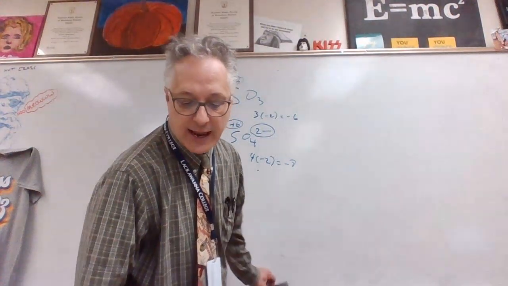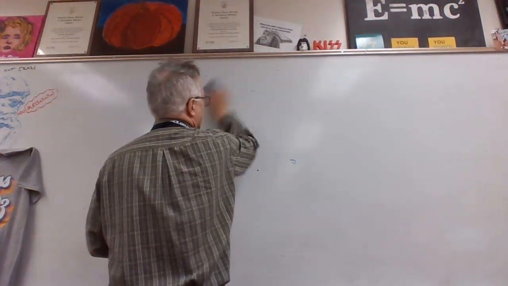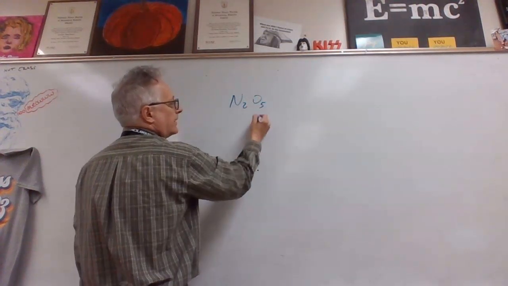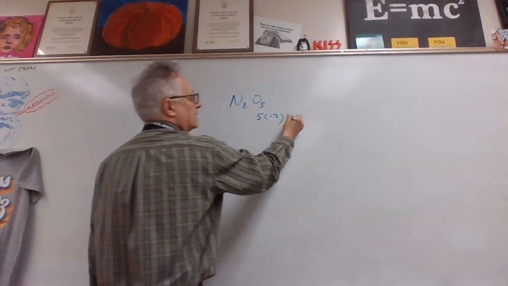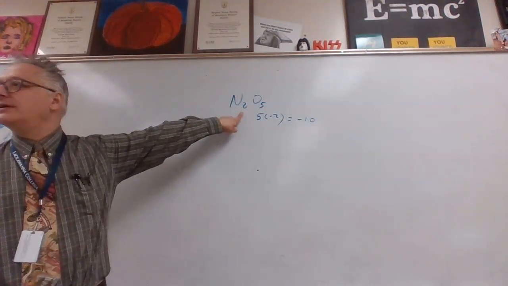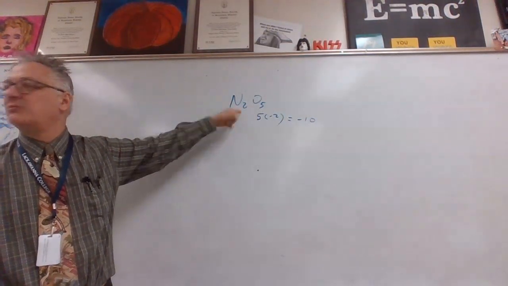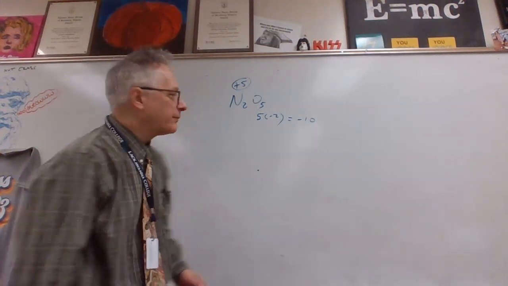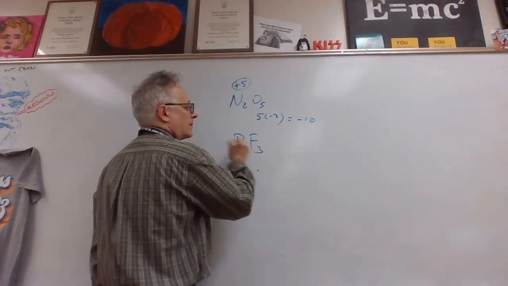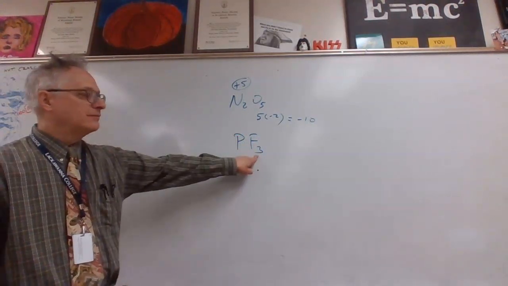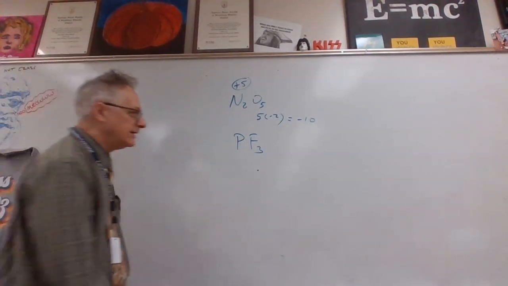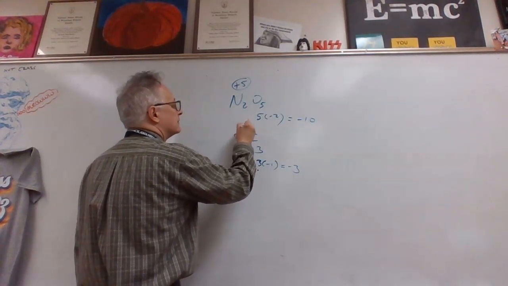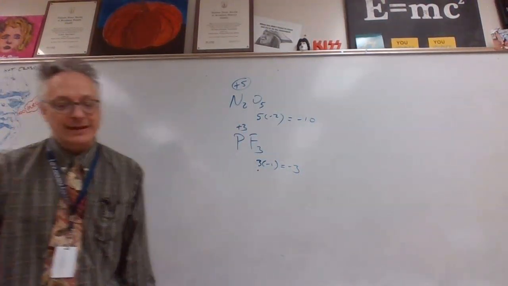And then our next one is N2O5. We got 5 times -2. That's -10. And I got 2 of these. So what does each one have to be? +5. See? Easy stuff. PF3, phosphorus trifluoride. Fluorine, very electronegative, obviously. 3 times -1 is -3, and phosphorus is +3. They cancel out.